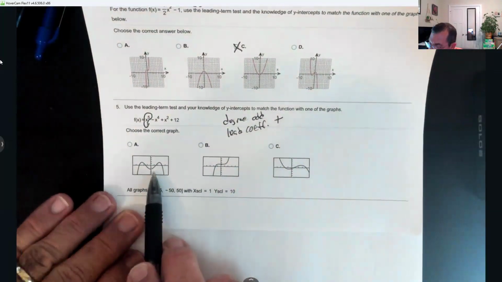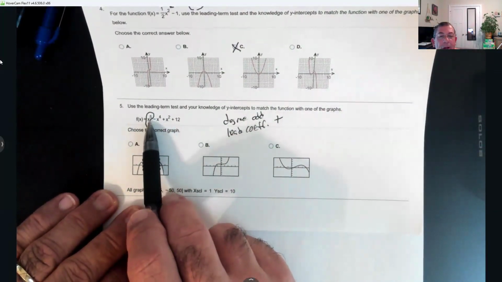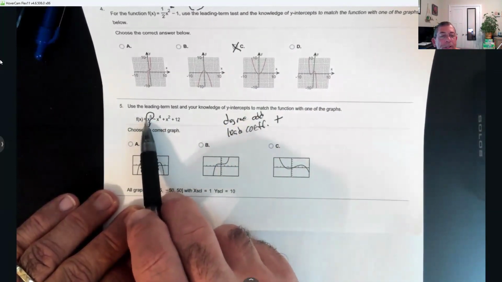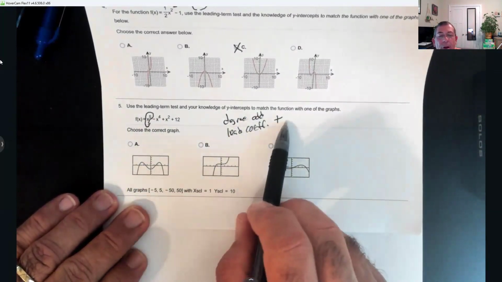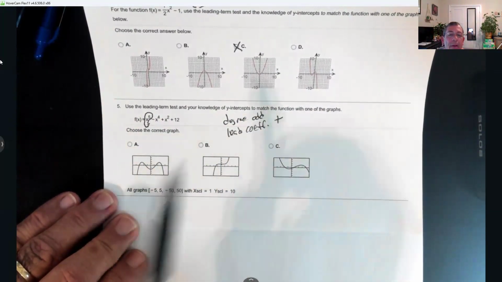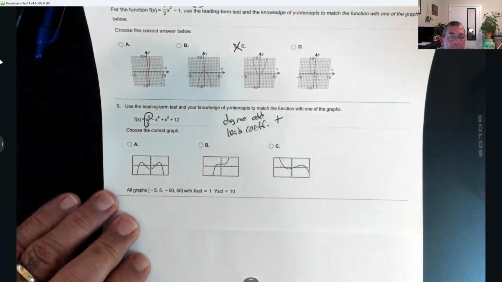So y'all are giving me these 3 pictures here. So this is your x to the 5th term. Your degree is odd. Your lead coefficient is 1 right there. So it's positive. So would we pick A, B, or C when it's an odd degree and the lead coefficient is positive?